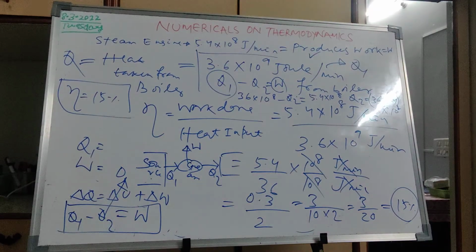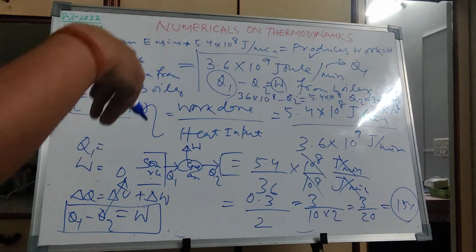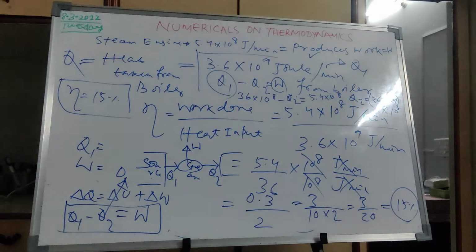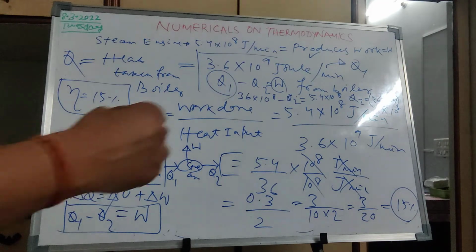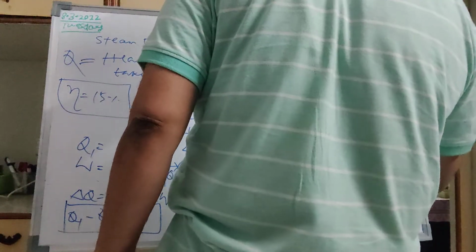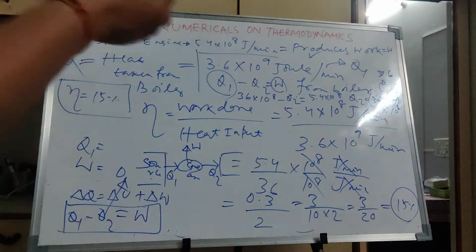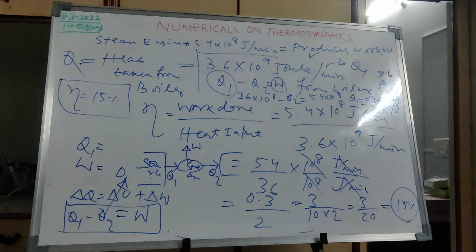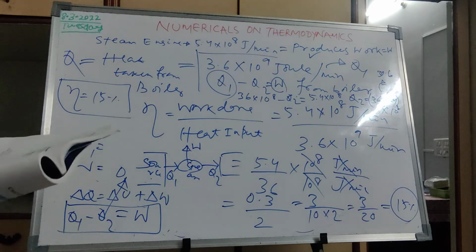So Q2 is equal to 36 minus 5.4, into 10 to the power 8. So that is the heat wasted. It is something like 30.6 into 10 to the power 8 joule per minute of heat that is wasted.